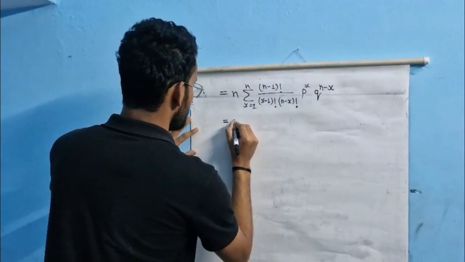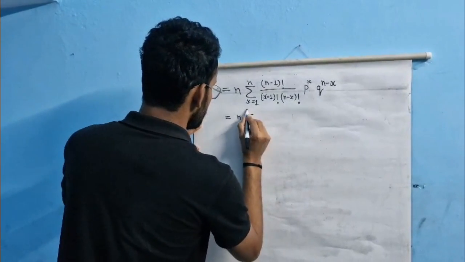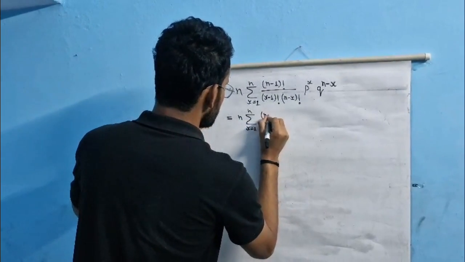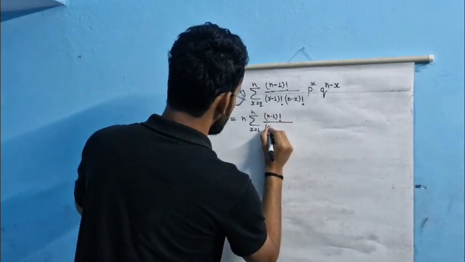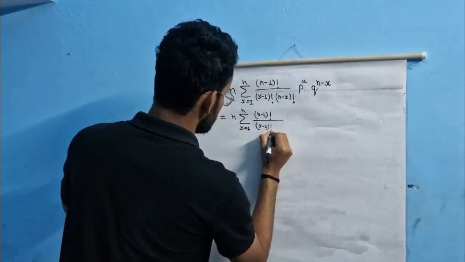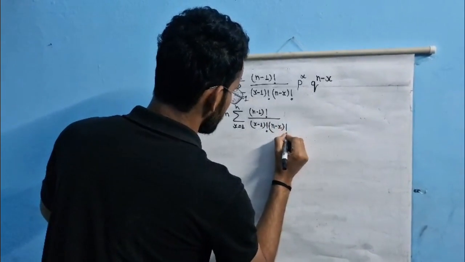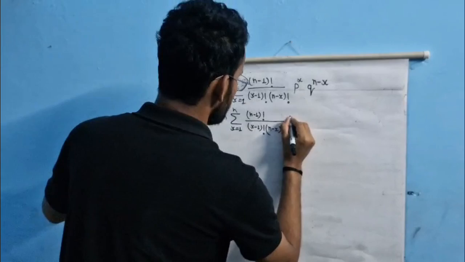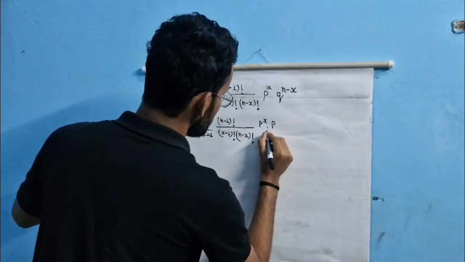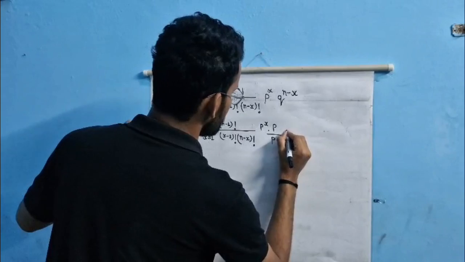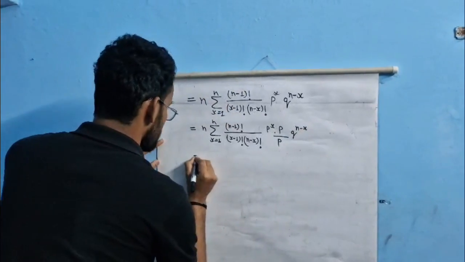So n, summation x equal to 1 to n, n minus 1 factorial divided by x minus 1 factorial n minus x factorial, p raised to the power x divided by p, into p, into q raised to the power n minus x.